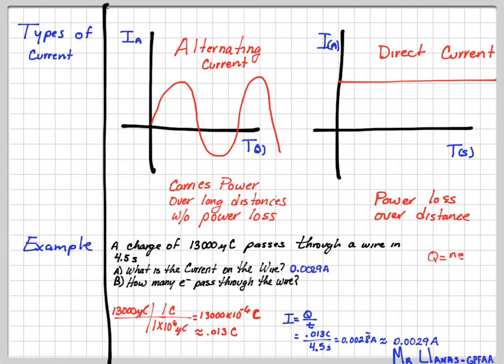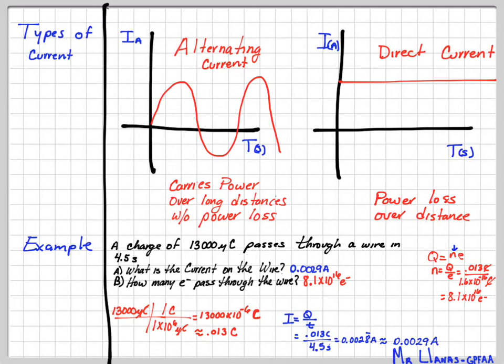Now we're going to look for the number of electrons. The Q is given, and we have it in coulombs, so we have to manipulate this formula so that we can find N. The charge is given. The elementary charge, which is e, as you guys know, is 1.6 times 10 to the negative 19 coulombs, and that gives us 8.1 times 10 to the 16 electrons going through the wire.